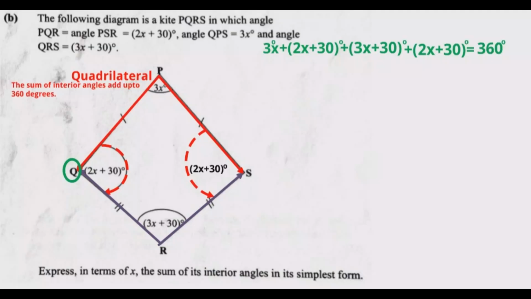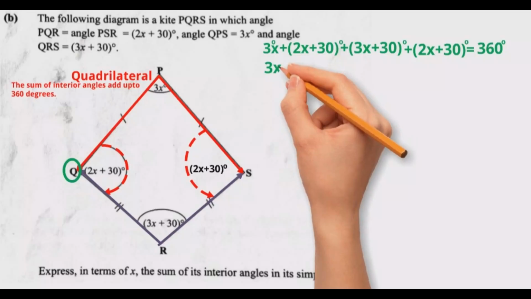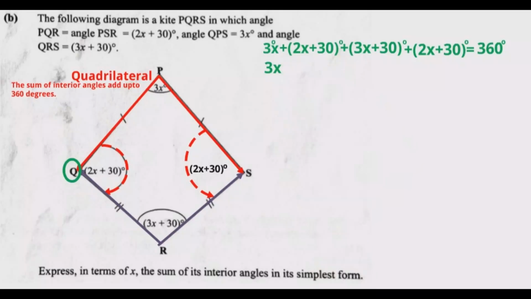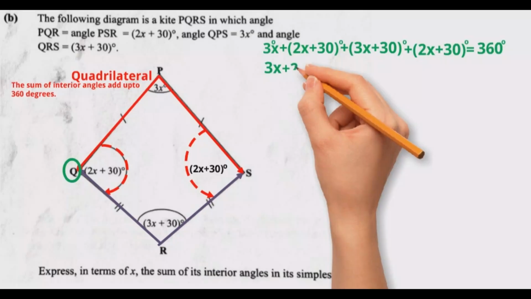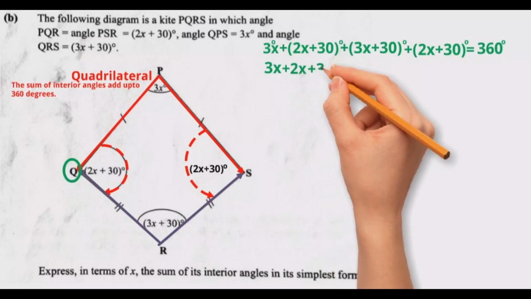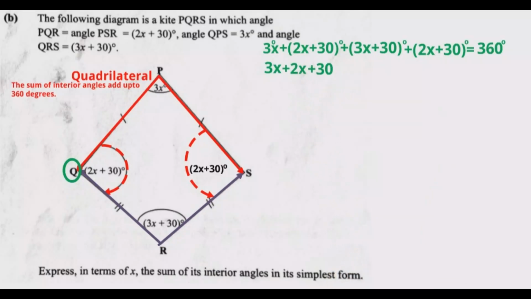evaluate this. Okay, so we're going to come up with 3x degrees plus 2x degrees. Now we can see that the terms inside the brackets are being multiplied by the degree sign. So that means we're going to have 2x degrees plus 30 degrees plus 3x degrees.